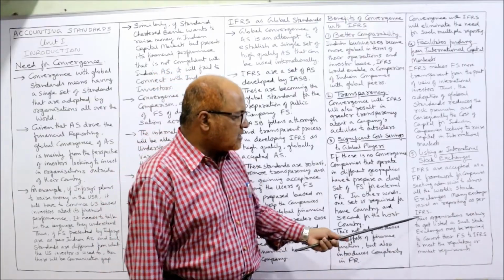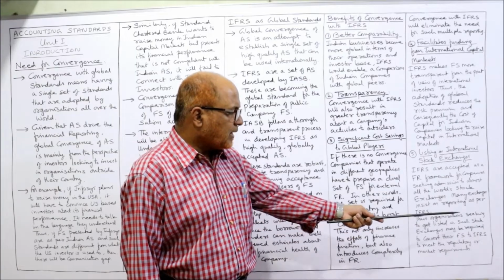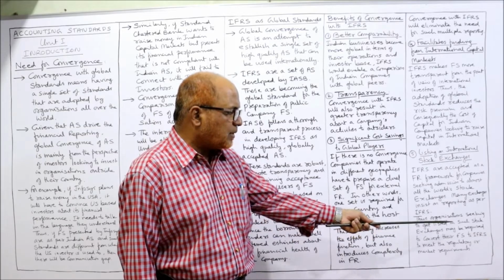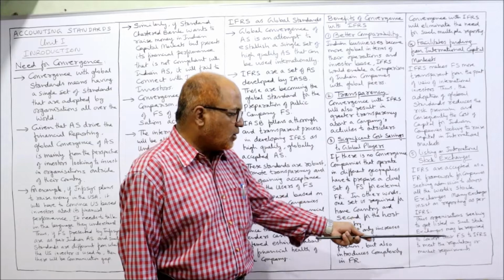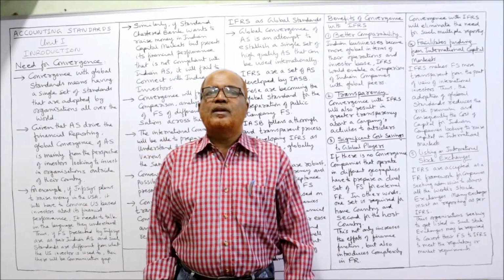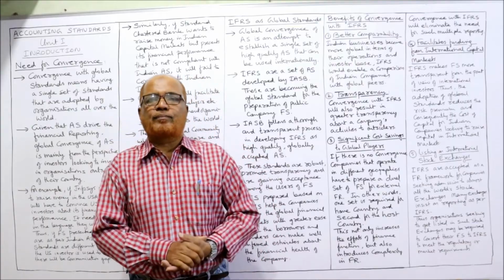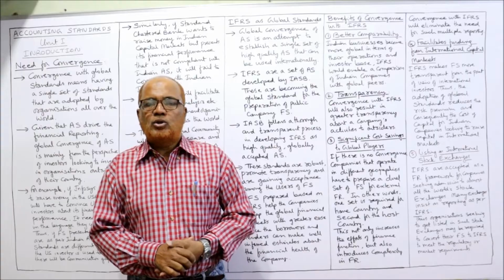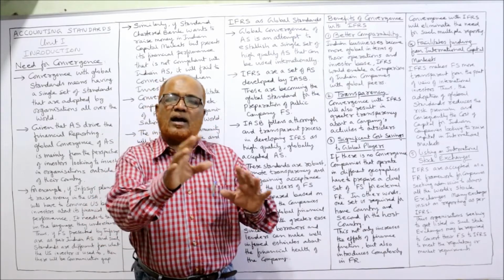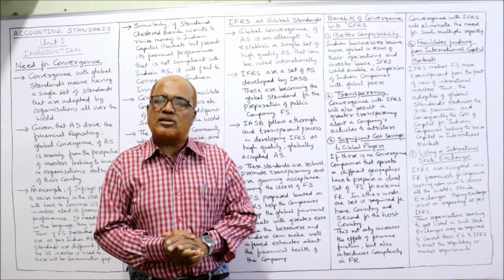Thus organizations seeking to get listed in such a stock exchange may be required to convert their financial statements to IFRS to meet the regulatory or market requirements. So every stock exchange is insisting on companies preparing the financial statements according to IFRS, then only they are allowed to participate. That's all.